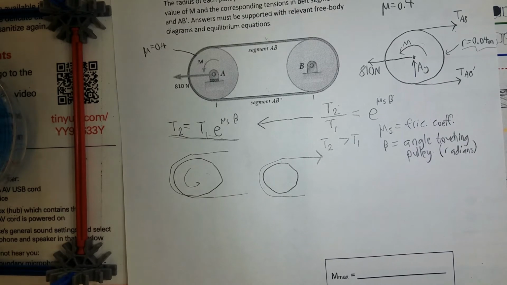I'm going to try an example. Assume this paper is the belt and this Clorox tin is the pulley. The pulley is going to be moving in this direction here, and the belt is going to be stationary.